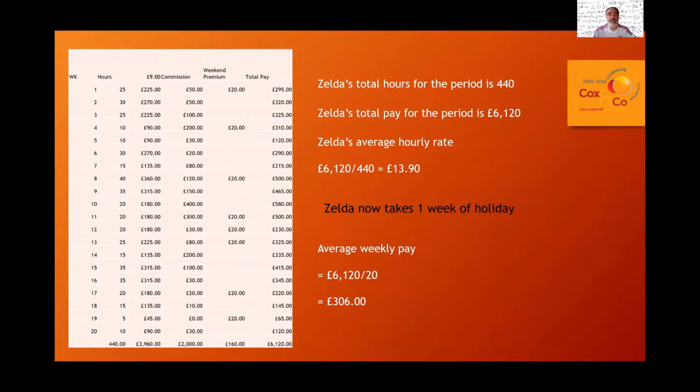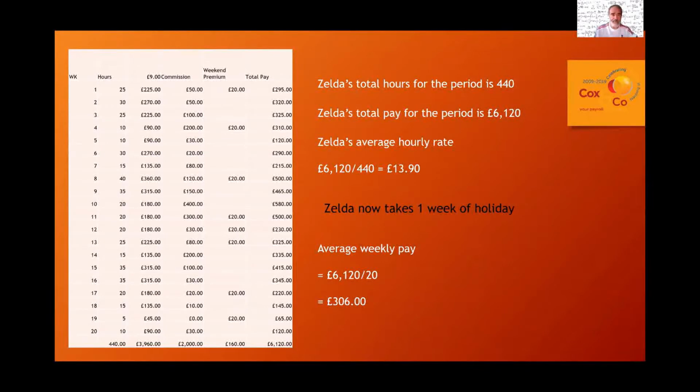So in her case, to establish her weekly pay, she's entitled to 1 week of paid holiday, and her average weekly pay is going to be the total pay that she earned. We're just going to have a quick scan across the top and make sure there's nothing that we feel should be excluded from the calculation. I think those things are rare. You're not going to find too many of them. She's got an hourly rate, which is clearly going to be included in a holiday calculation.